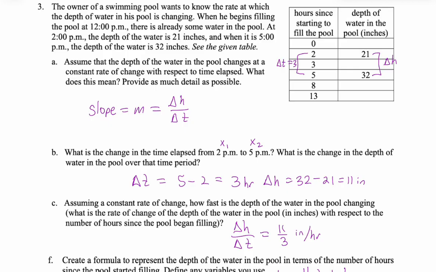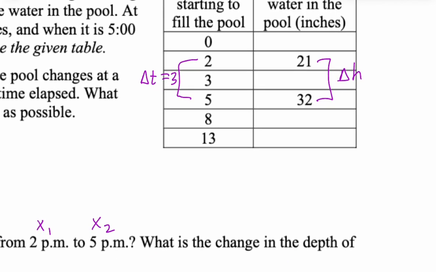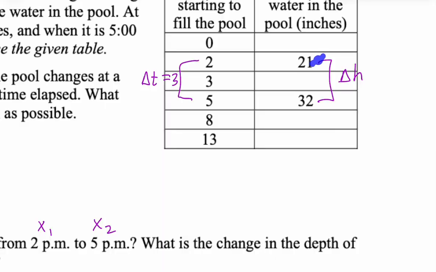So every hour that we go backwards in time, the pool would go down 11/3. So if we see this, we've gone backwards 2 hours. So we have to go backwards 11/3 times 2. So let's think about what that is.